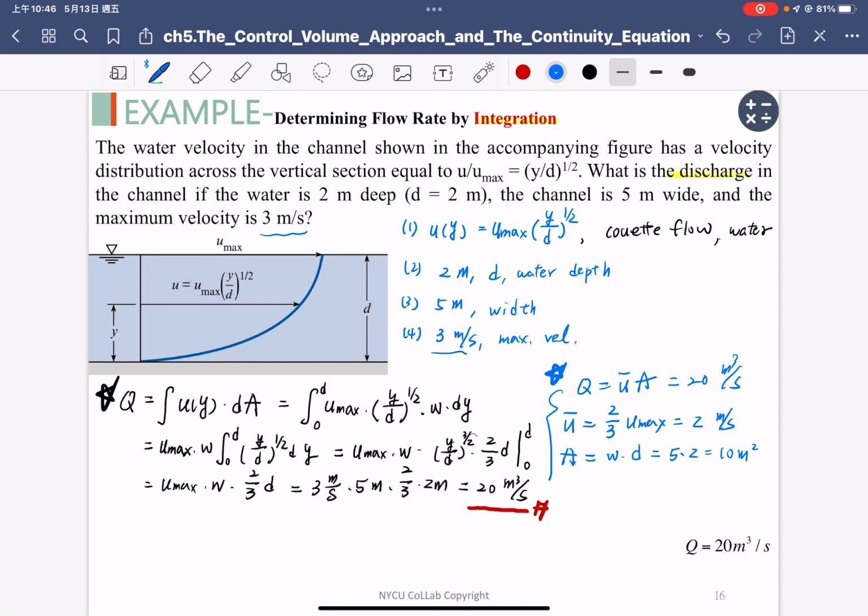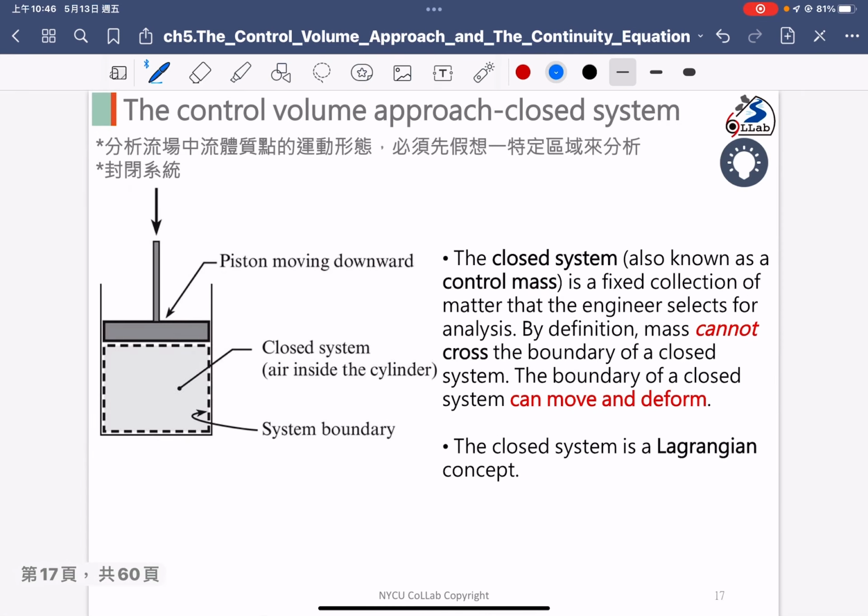Okay, so now we need to move to the ninth slide. The topic is associated with the tool. As I mentioned, we have two approaches to understand the physical property exchange along the boundary.